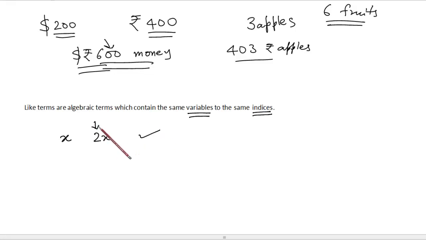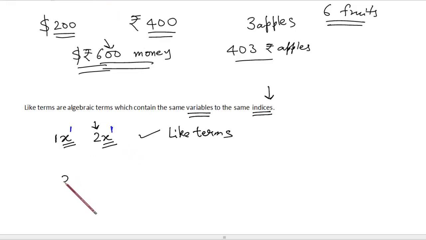This 2 is said to be the coefficient of x, and over here the coefficient, if it is not written, is considered to be 1. So since the variables are the same, they are like terms. And also they have the same index. Over here by default the index is 1. If nothing is written, we consider it to be 1.